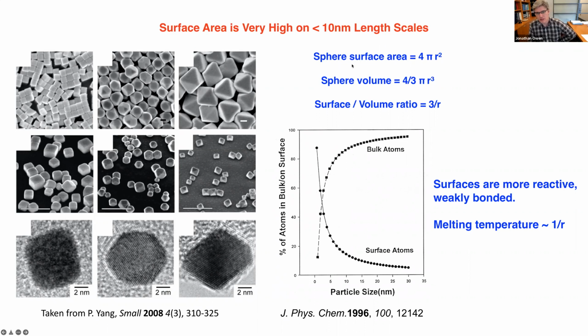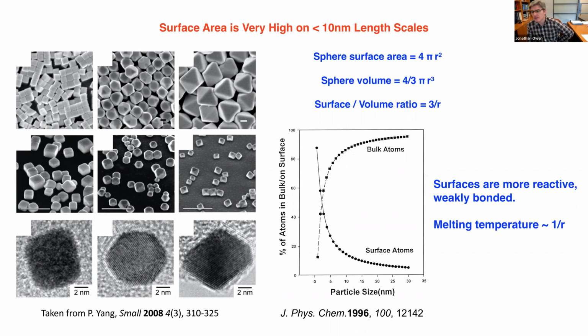So some important things to remember, of course, is that area goes as r squared and volume goes as r cubed. And so the surface area to volume ratio is basically 1 over r. And it leads to all kinds of fun stuff like melting temperature changing. Okay, and it's really because surfaces tend to be more reactive and tend to be more weakly bonded than the material in the middle of the crystal.